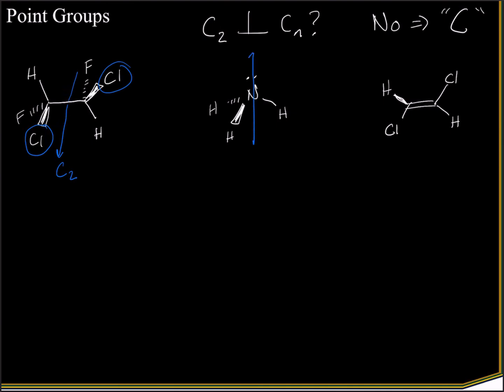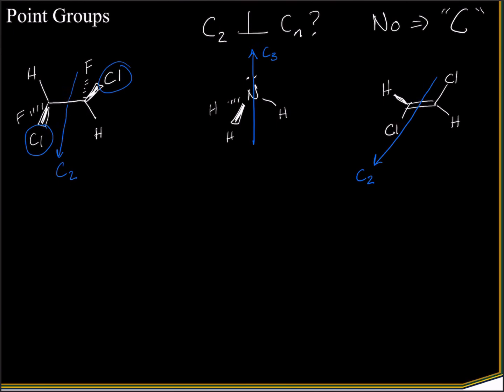Ammonia has a C3 axis that is currently in the plane of the paper of my drawing surface that allows me to exchange the location of these 3 different hydrogens. Similarly, for this alkene, there's a C2 axis that's pointed straight out of the page that allows us to swap the places of the chlorides and the hydrogens and the carbons. And so what we can see here is that these have these principal rotational axes.